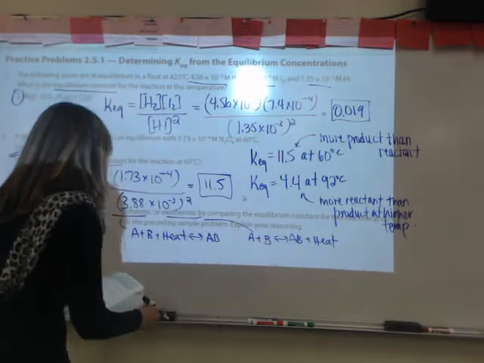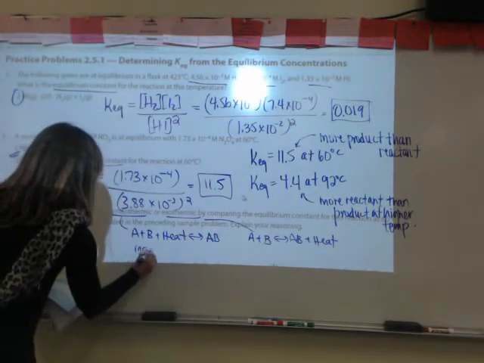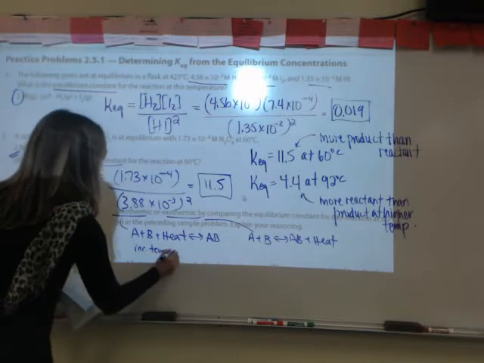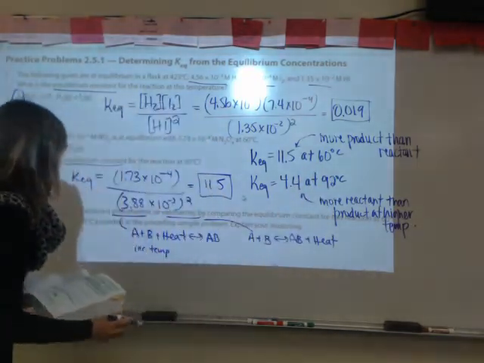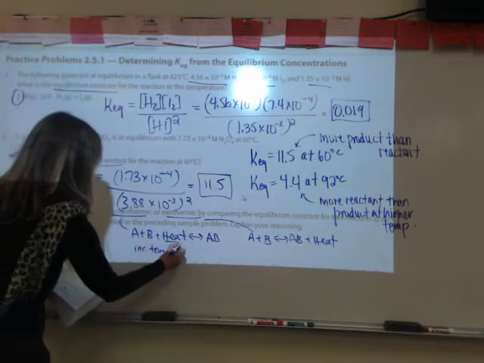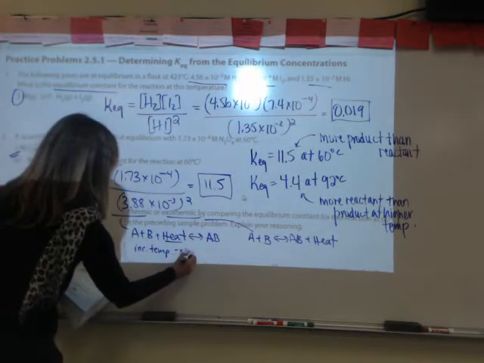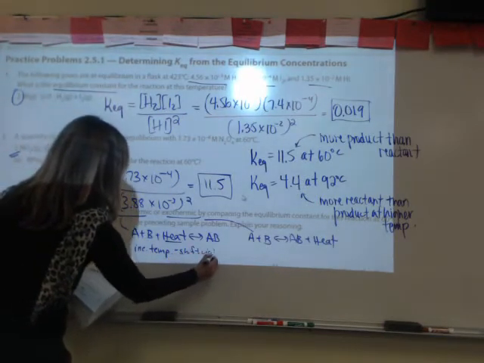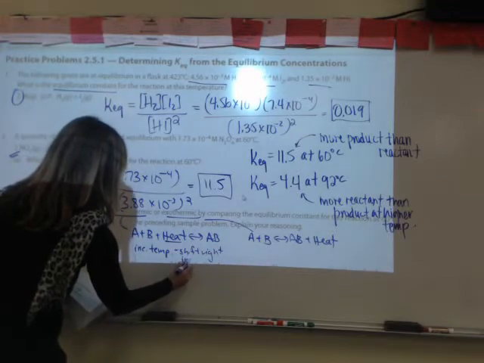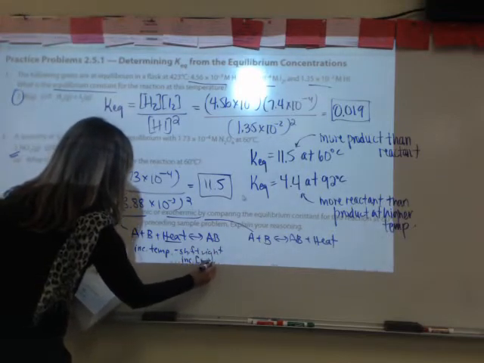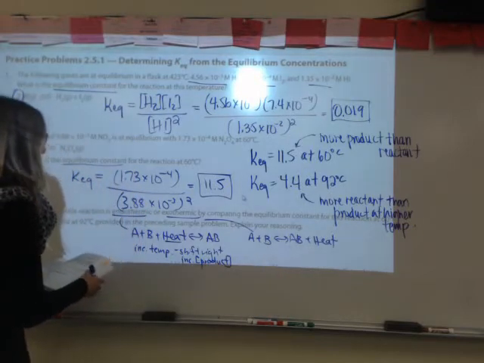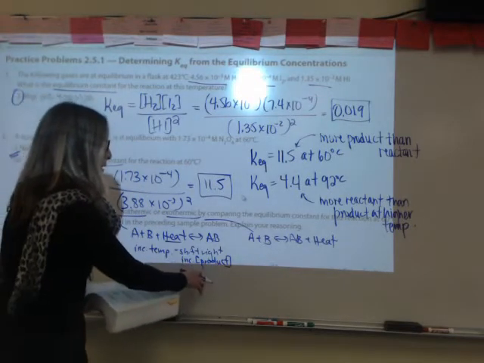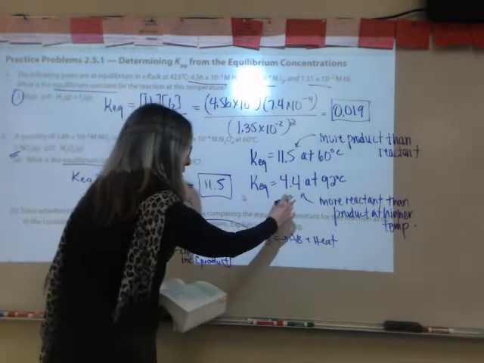So, if you increase the temperature, which is what they did here from 60 to 92 degrees Celsius, of an endothermic reaction, you're going to shift to the right and you're going to increase the concentration of product. So this must not be an endothermic reaction because I have more product at the higher temperature.